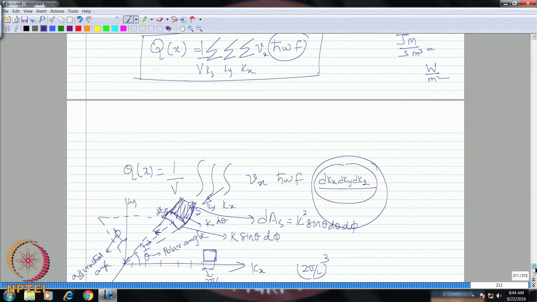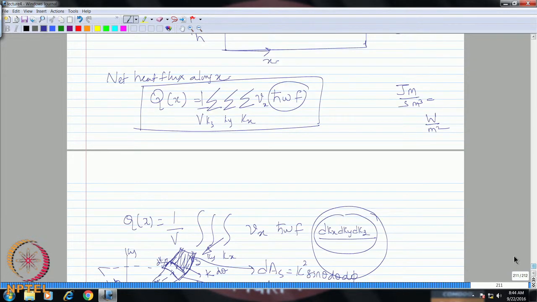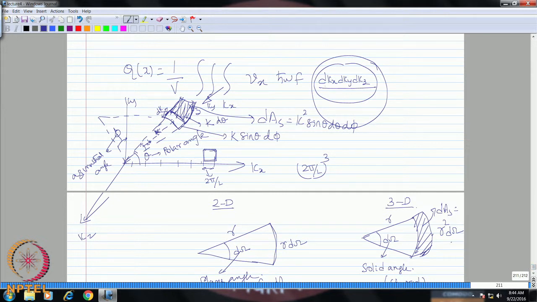So, when we are replacing this discrete summation with an integral, we have to say dkx, dky, dkz divided by (2 pi by L) the whole cube. This will give me the total volume of this entire sphere divided by (2 pi by L) cubed, which gives the number of quantum states.